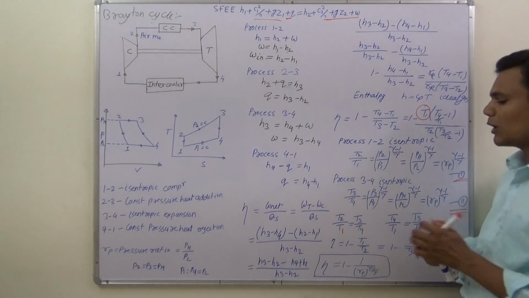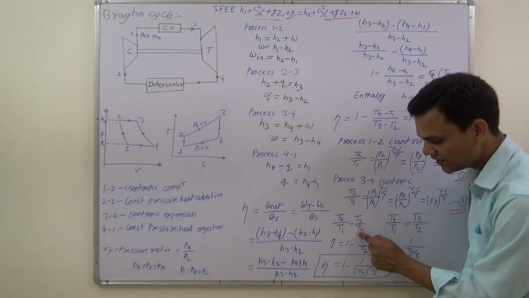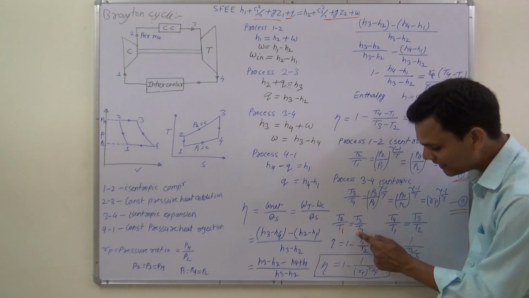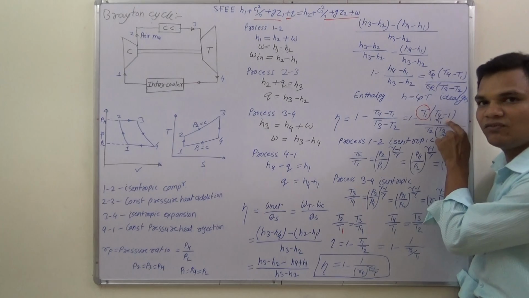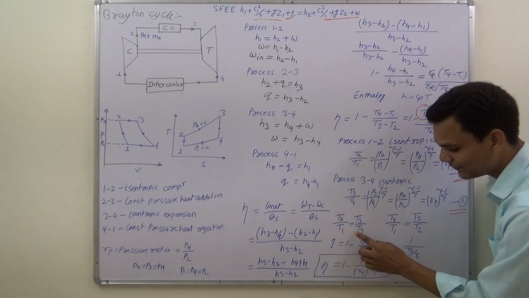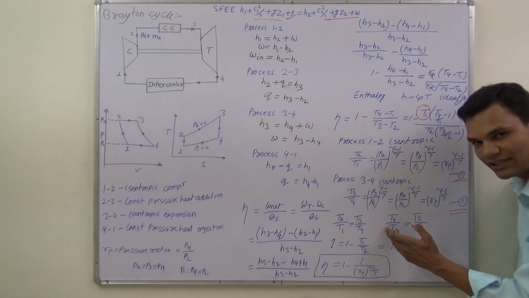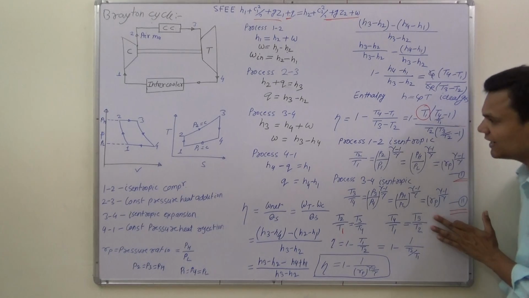But our requirement is T4 by T1. So if we exchange this T4 by T2 and T2 by T4, then our requirement will be fulfilled. So I exchange T2 by T4 and T3 by T2. So T4 by T1 is equal to T3 by T2.